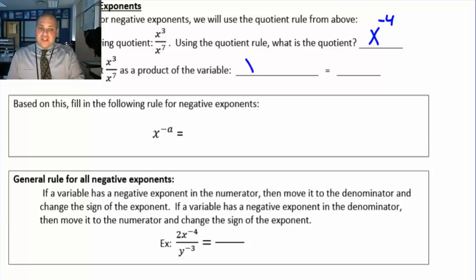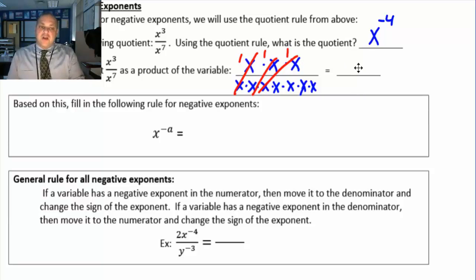X to the third is actually x times x times x. And x to the seventh is actually x times x times x times x times x times x times x. Okay? Now, what happens? Well, I have reduced to 1, reduced to 1, reduced to 1. Remember we did that, reducing to 1?